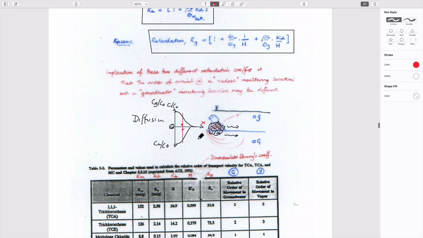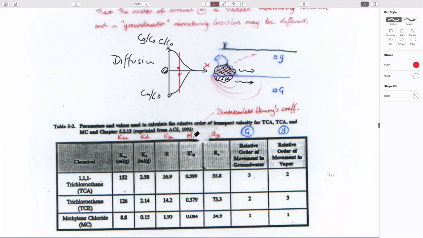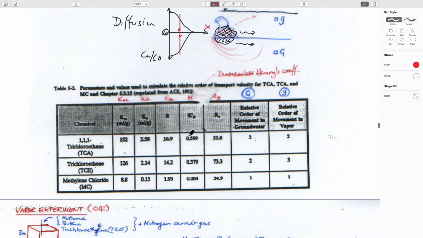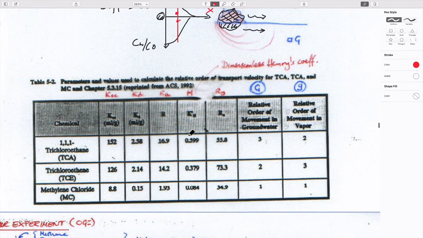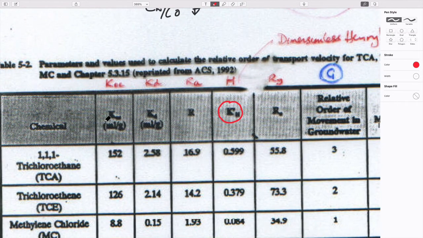So for 3 different components, given at the bottom here, TCA, TCE, and methylene chloride, we go through and we use the appropriate Henry's Law coefficient, and we use, I can't even see these, the slide is so bad, apologize for that.